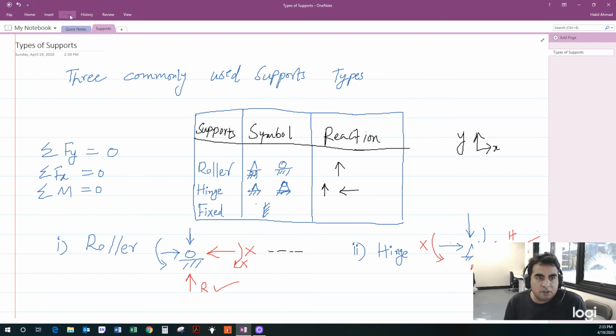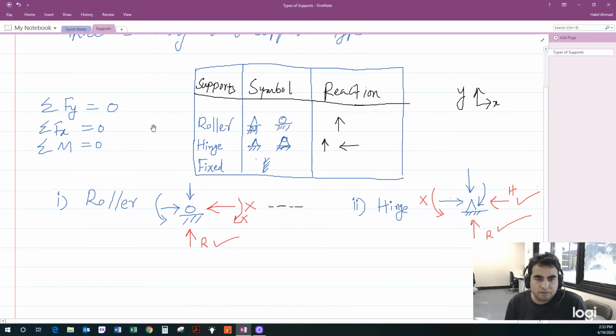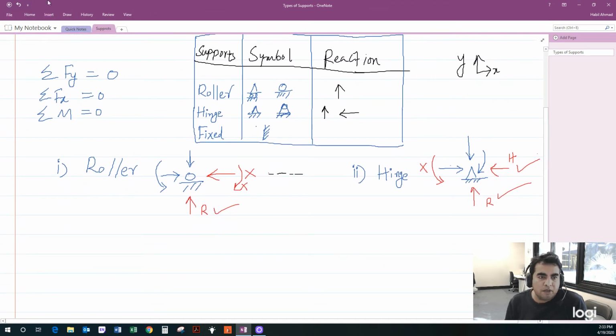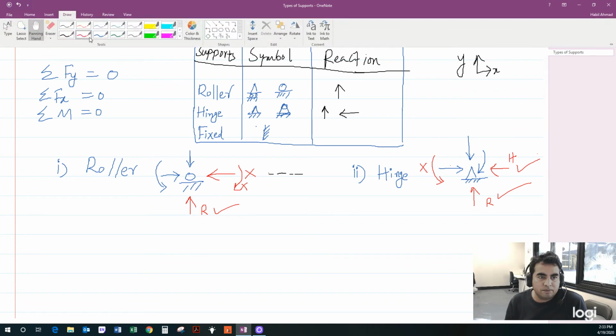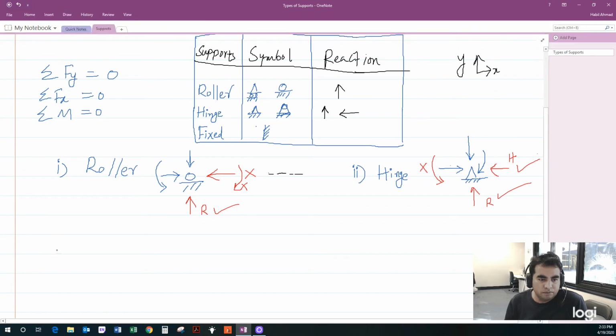Now the third type is the fixed support. What can a fixed support do? I mean, what can a fixed support resist?